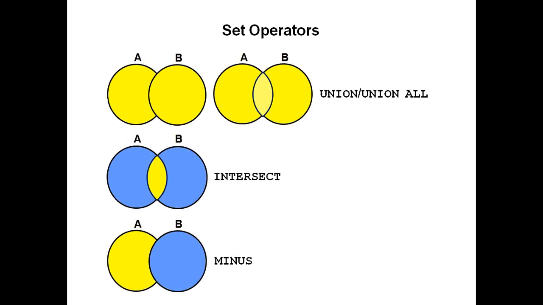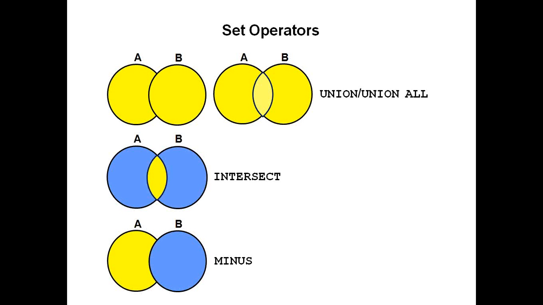And just like in mathematics, we have the set operators here: union, union all, intersect and minus. Suppose you have two tables and you say table 1 union with table 2, then it works similar to the join condition. And if you say table 1 union all with table 2, then all the data will be combined together.